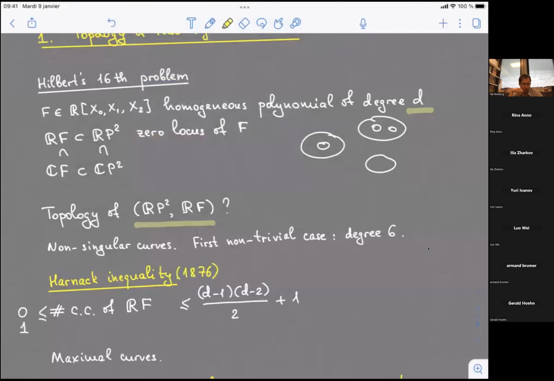One can hope that the classification of these topological pairs will be completed in degree 8, probably at some moment in degree 9, but it looks like a general classification for an arbitrary degree is really hopeless. And as I said, the first non-trivial case is the case of degree 6.